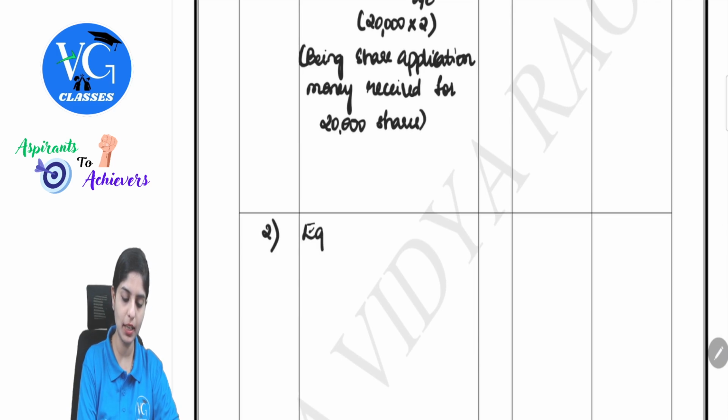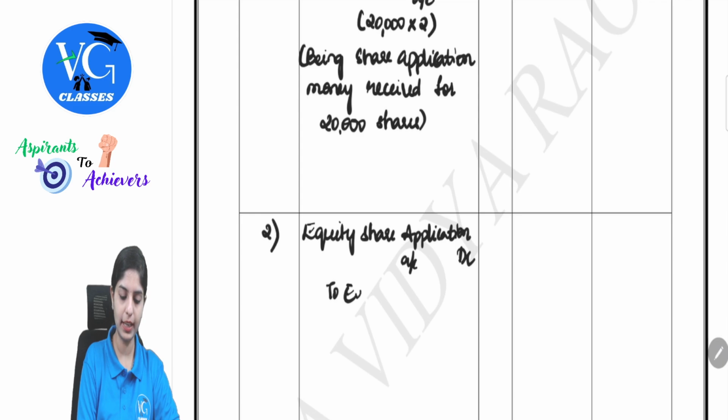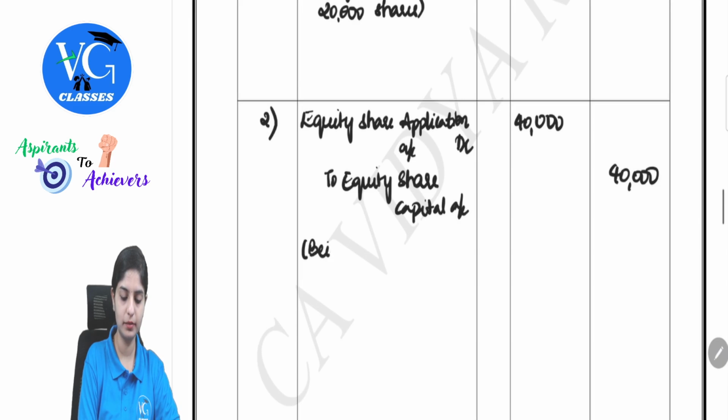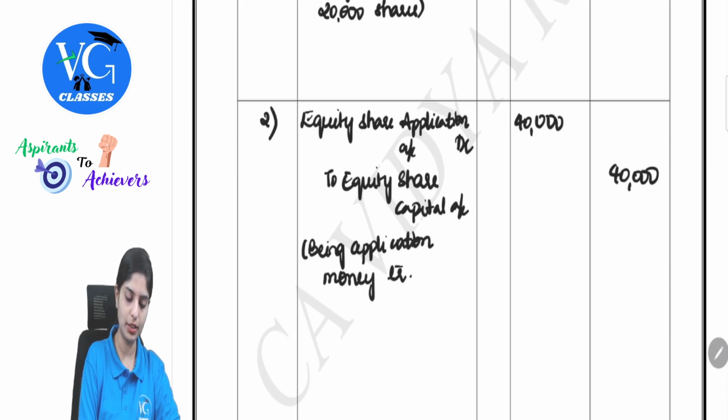Next. This application money needs to be transferred to share capital. So the entry will be equity share application account debit to equity share capital. 40,000 and 40,000, being application money transferred to share capital.